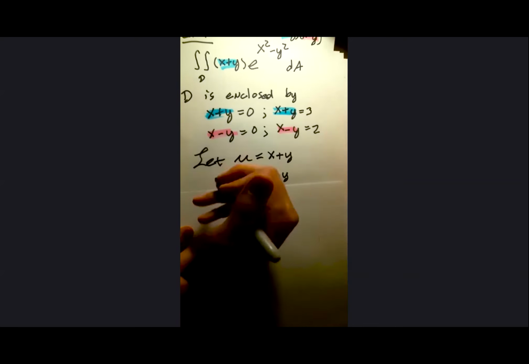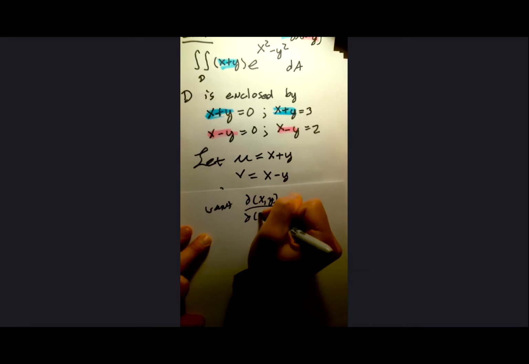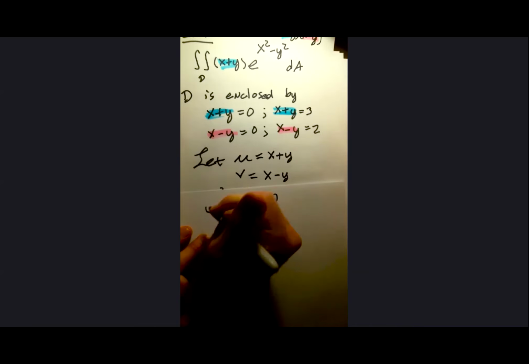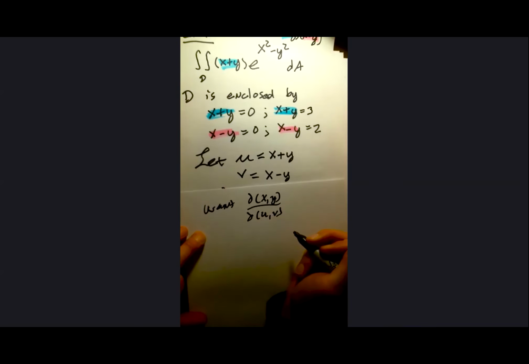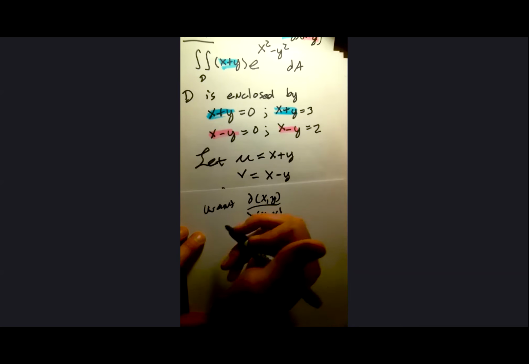So if we want to find that scaling factor, what we want is the Jacobian of xy, our old world, with respect to where we're going, uv. But that would be a little bit of a pain to find, so let's not work quite that hard.